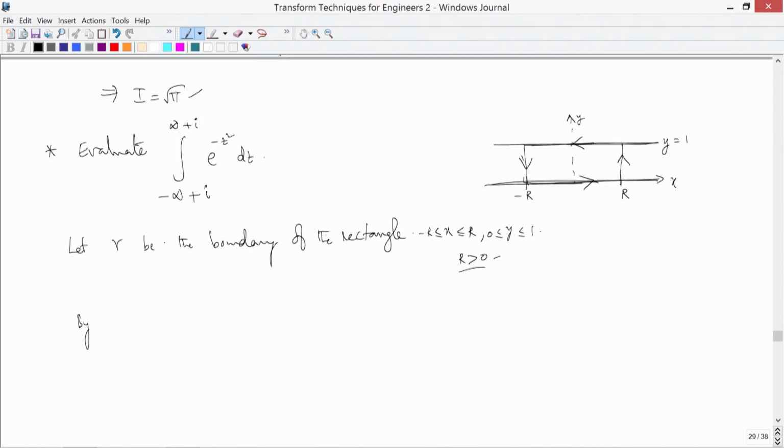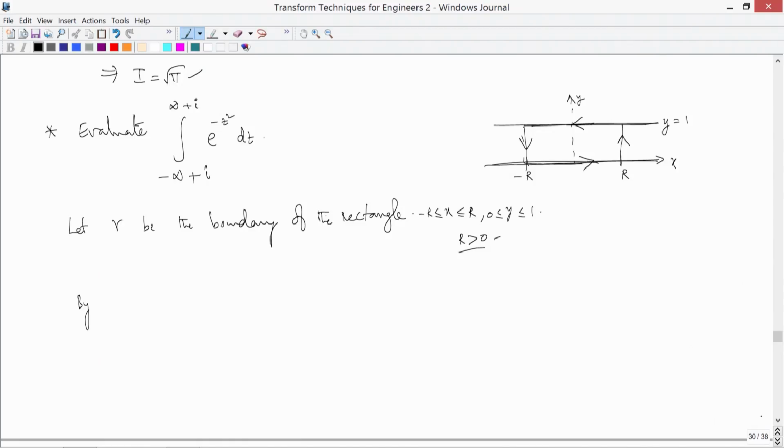Here the domain D is the full complex plane, and in that you have this rectangle. As r goes to infinity, every time this expands, but these two sides are fixed, and the other sides keep getting wider and wider.